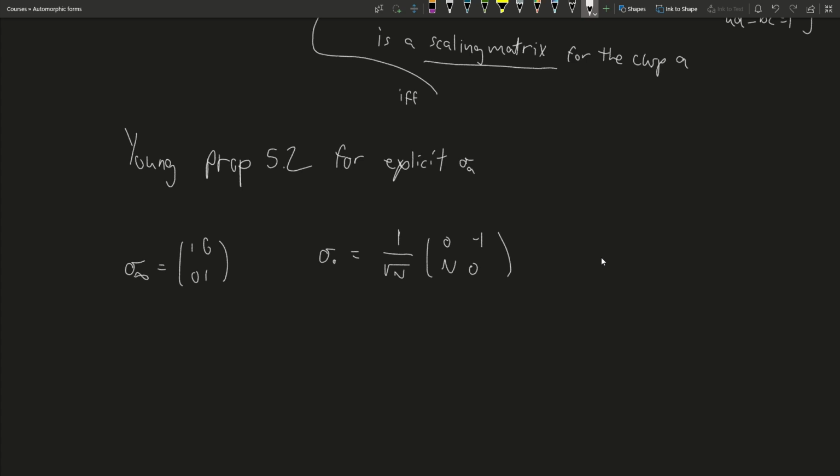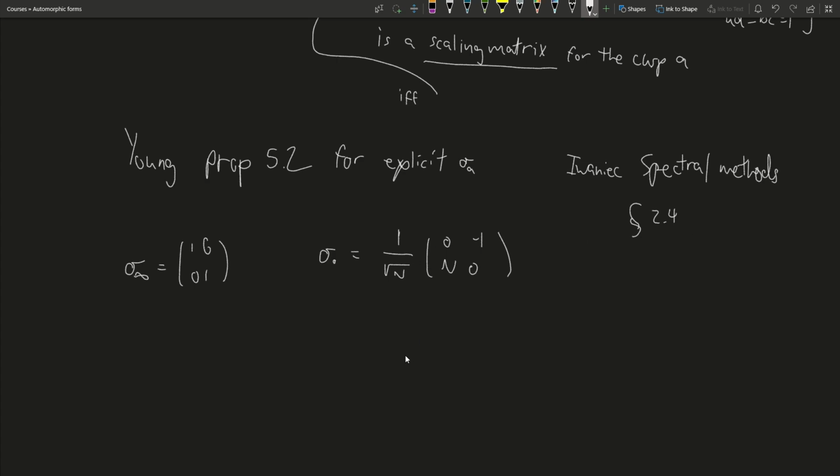Another reference for this is Iwaniec, Spectral Methods, and I think it's section 2.4.